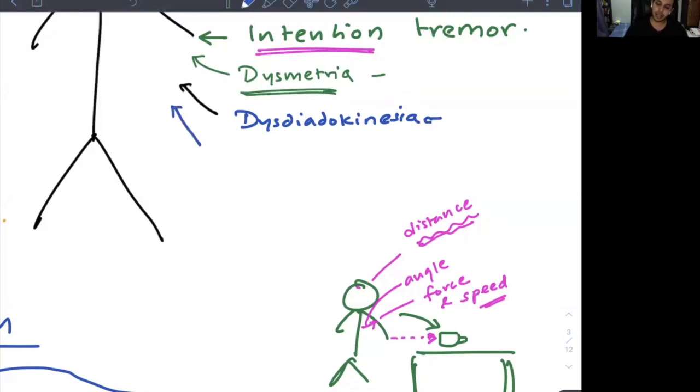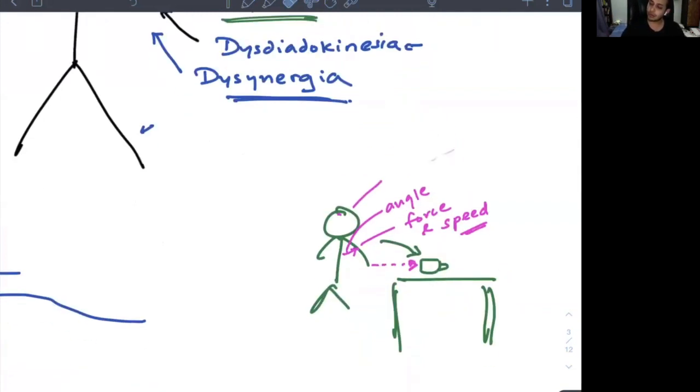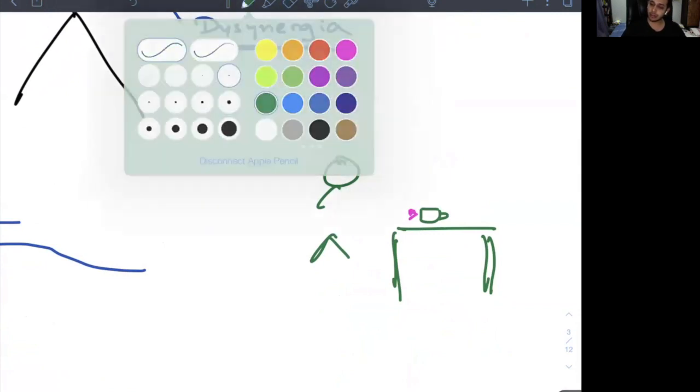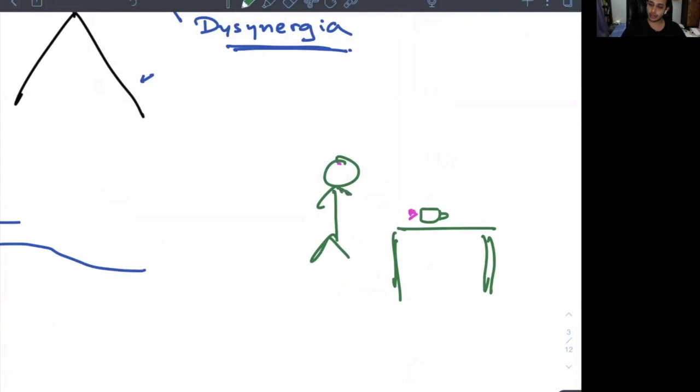What else can be there in your hands or your limbs? You have something called dyssynergia. Okay. Now, what is dyssynergia? What is synergy? Let's remove all the distance and angle and all that. Again, coming back to the same example, if you want to lift a cup, your arm consists of your shoulder joint, your elbow joint, your wrist joint, and all your phalanges, so interphalangeal joints.